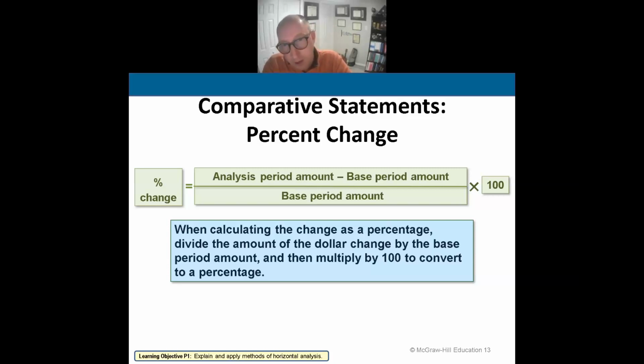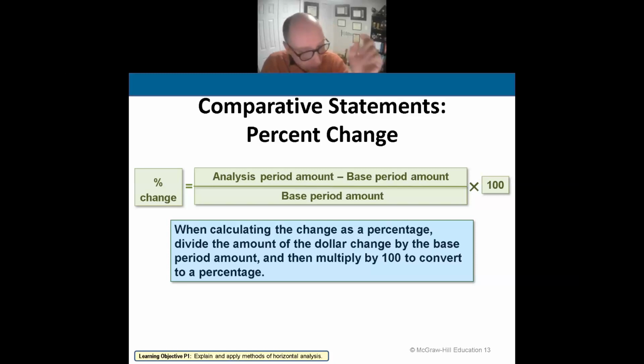We take the analysis period 2022 dollar amount, minus the base period amount, 2021, divided by the base period amount, 2021. And then we multiply that by 100 to get the percentage.